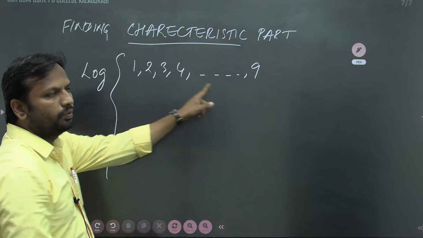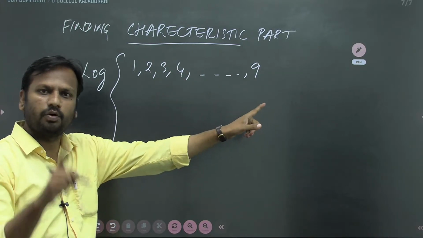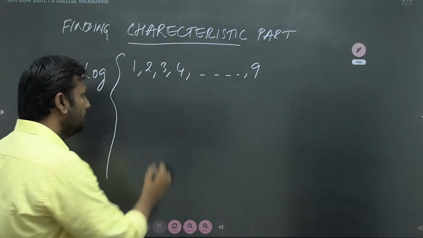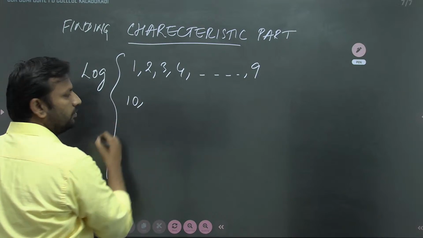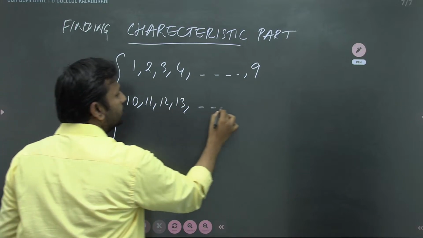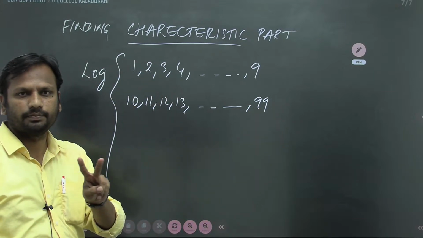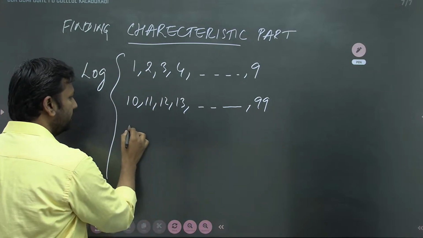All these are one-digit numbers. 1, 2, 3, 4, 5, 6, 7, 8, 9, all are one-digit numbers. Now you see 10, 11, 12, 13, and so on up to 99. All are two-digit numbers. Yes or no?